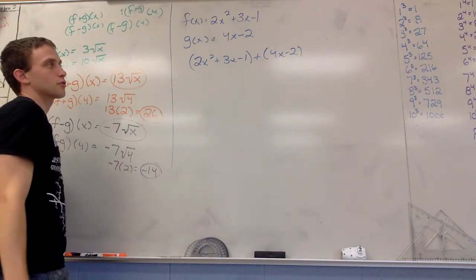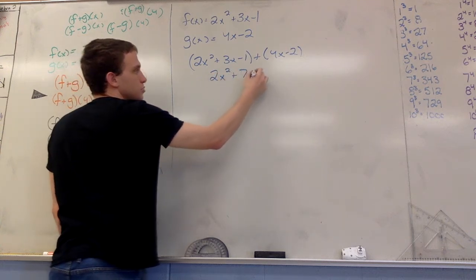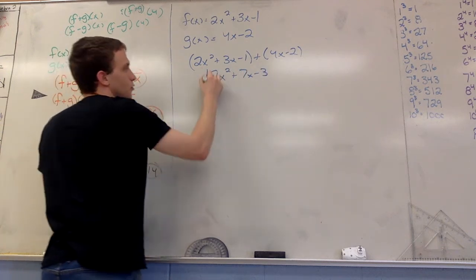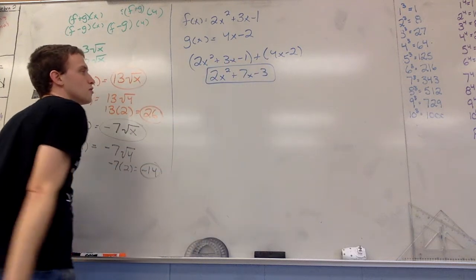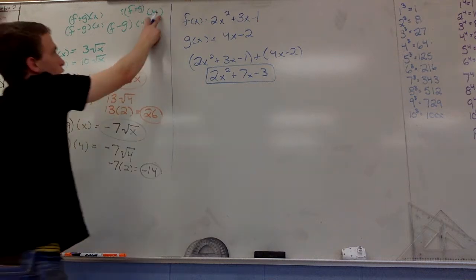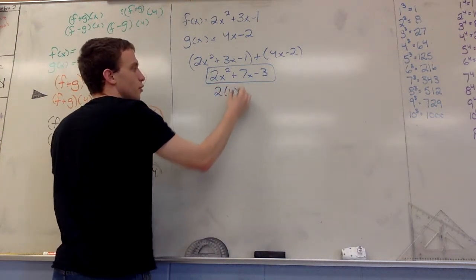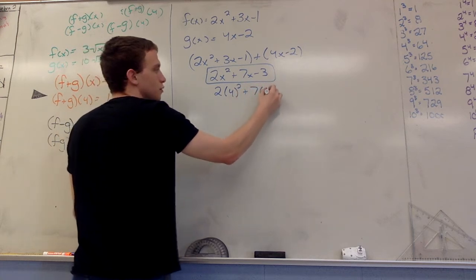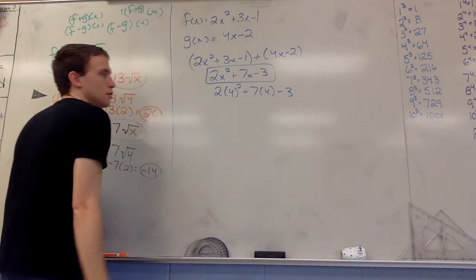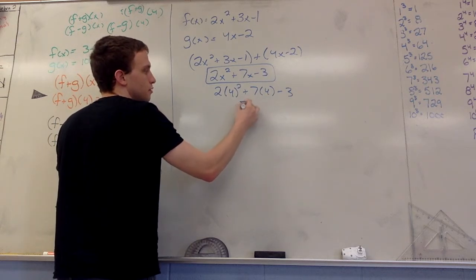All I'm doing is combining like terms. 2x squared plus 7x minus 3. And I have to plug in 4 for this, because it asks for f plus g of 4. So 2 times 4 squared plus 7 times 4 minus 3. This gives me 32. This gives me 28, that's 57.